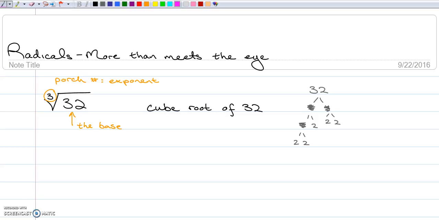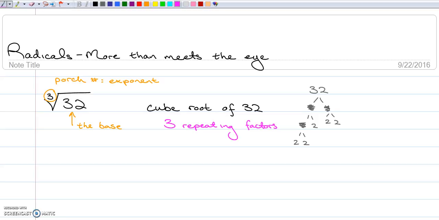We're talking about a square root. We needed groups of 2. We needed pairs. But now that I'm talking about a cube root, I need 3 repeating factors to leave out of the house. I can't go out on a solo mission. I can't go out with just a single buddy.